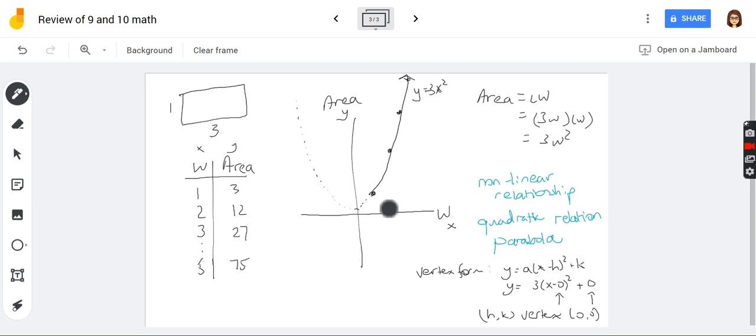Okay. Another thing I'll just throw in there, why not, since we're here, is factored form of the parabola. This is also from grade 10. And factored form looks like this: y equals a times x minus s, times x minus t. And the s and the t, I'll remind you, are the x-intercepts.